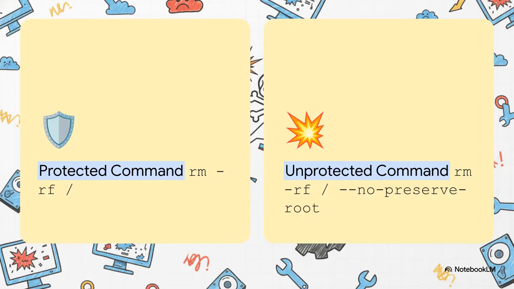But, and this is a big but, that shield can be intentionally lowered. So the standard command on the left, that gets blocked. But look at its scarier cousin on the right. By adding --no-preserve-root, you are explicitly telling the system, yep, I know all about that safety feature, and I want you to ignore it. This is what turns a potential accident into a deliberate act of pure destruction.